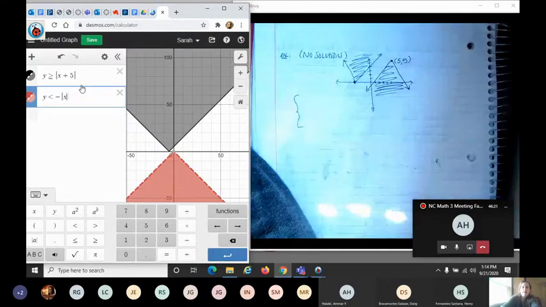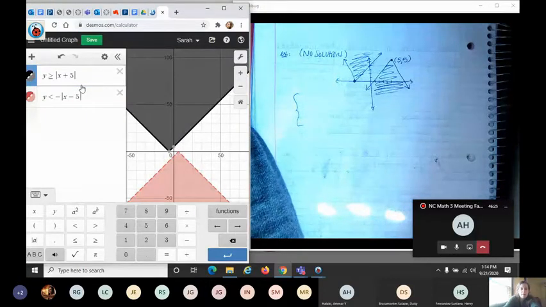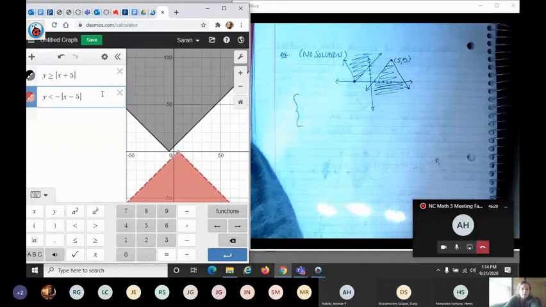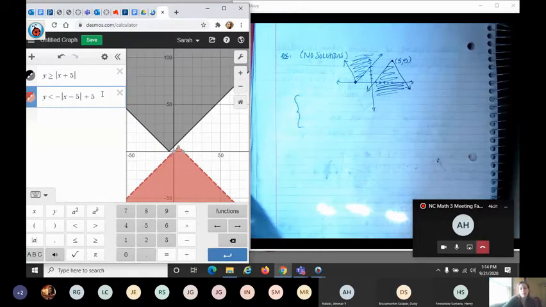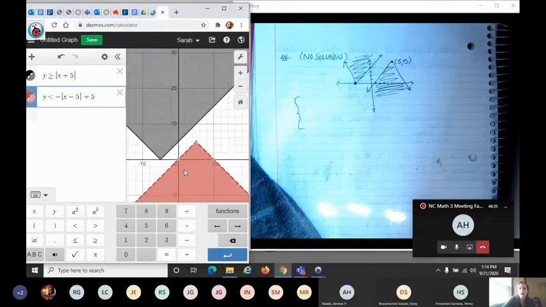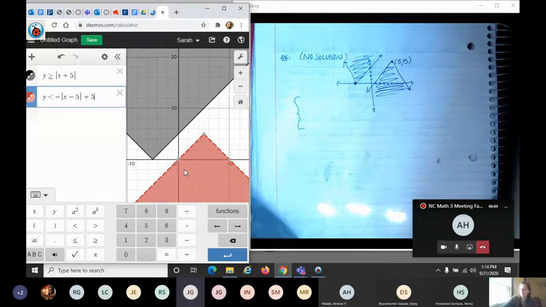So we're going to have X minus 5 and then plus 5. Okay, so we have our two functions here, and they do not intersect at all. They go in opposite directions, okay? All right, what questions do you guys have about this example?